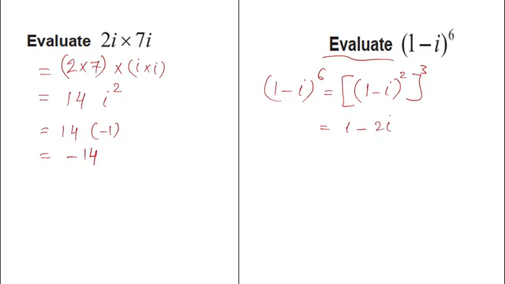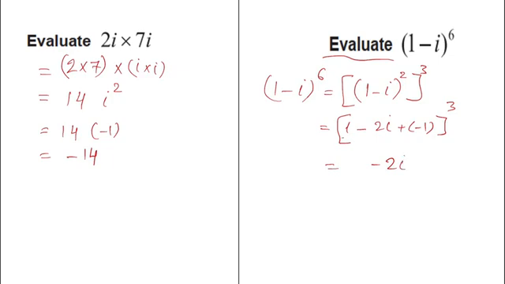And (minus i) squared is minus 1. All of these to the power of 3. Let's simplify it. 1 minus 1 is 0, and we have minus 2i.